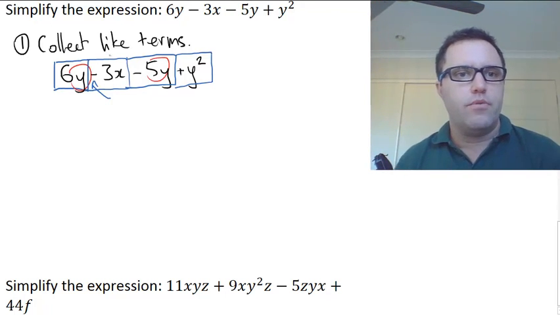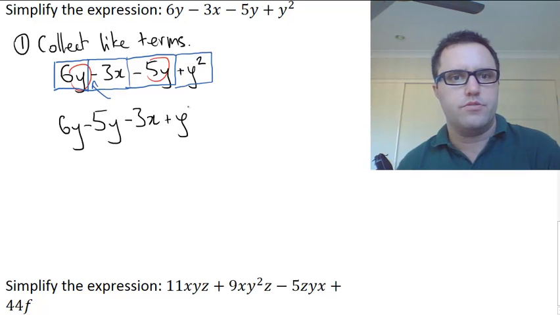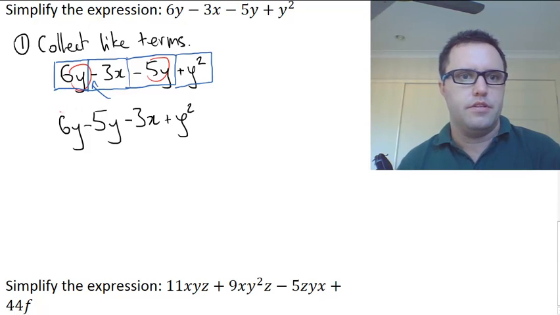So what we can do here is switch these two around and rewrite this as 6y take 5y take 3x plus y squared. Now, we can carry out this part here. This one we can do. We can't do anything with this or this.